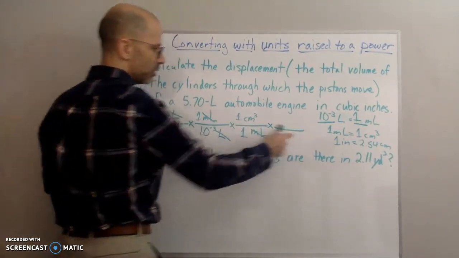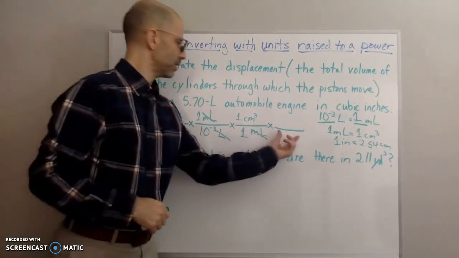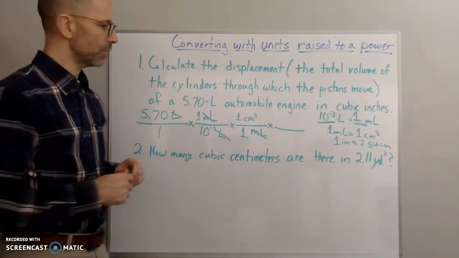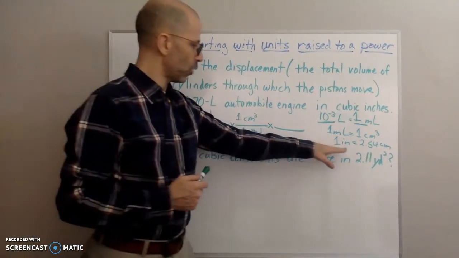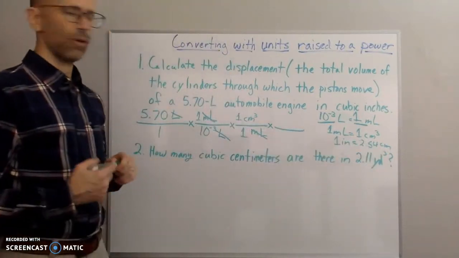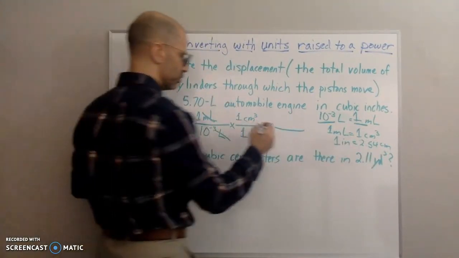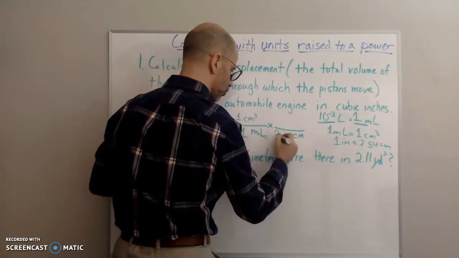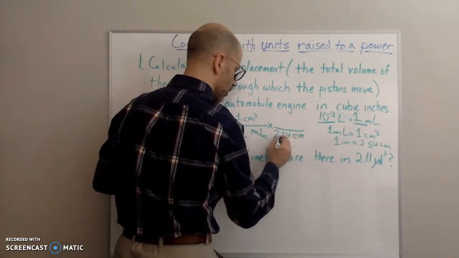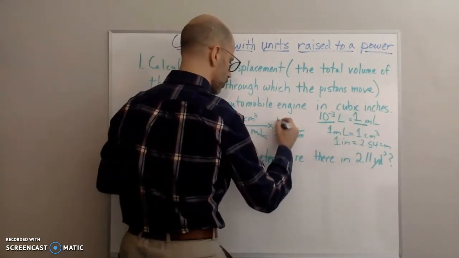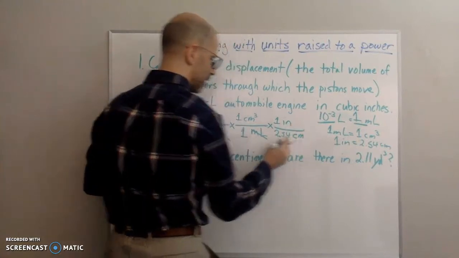I need to put centimeters cubed on the bottom. So where do I get centimeters cubed? Well, if I know that 1 inch is equal to 2.54 centimeters, then I can just put centimeters on the bottom, and I'll put 2.54 on the bottom.